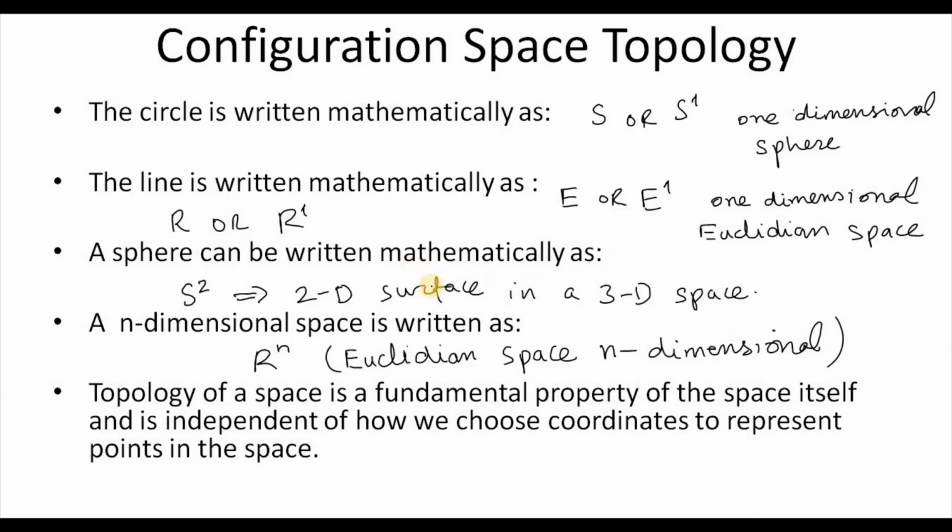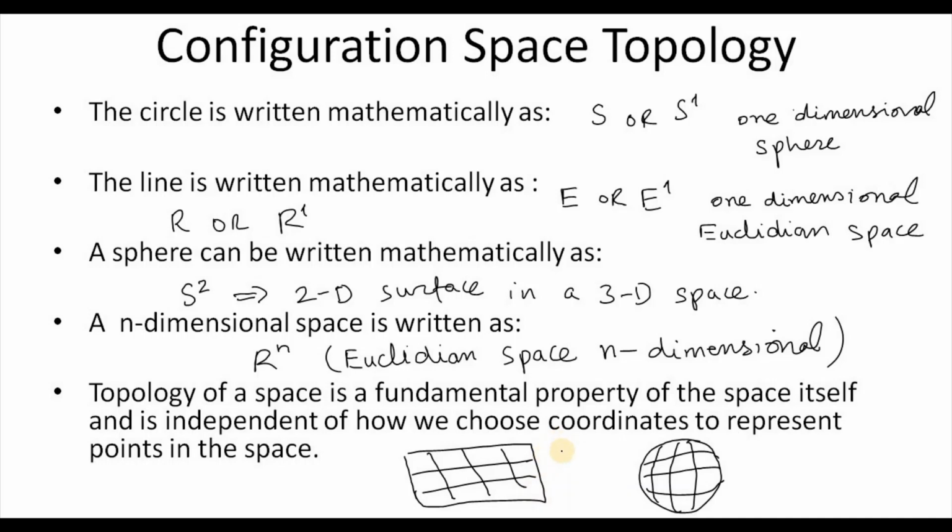So the shape of the space, whether it's a plane or a sphere, the shape of your configuration space, this is its fundamental property. And it has nothing to do with the coordinates, how you represent it.